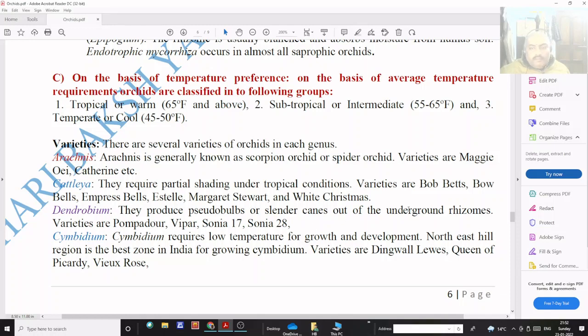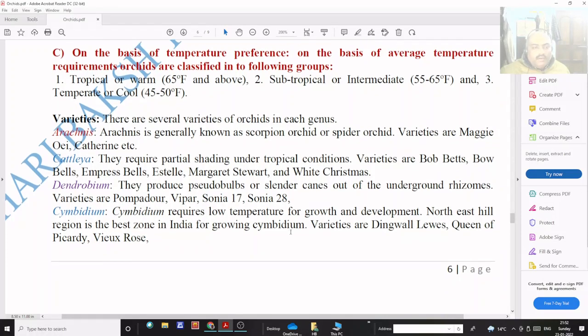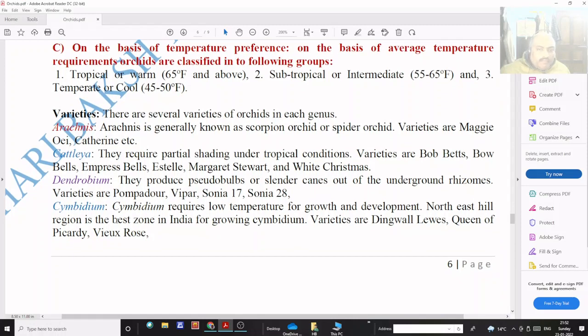In Dendrobium, Pompadour, Viper, Sonia 17 and Sonia 28. In Cymbidium, varieties are Dingwall Lewis, Queen of Picardy, BX Rose, etc.